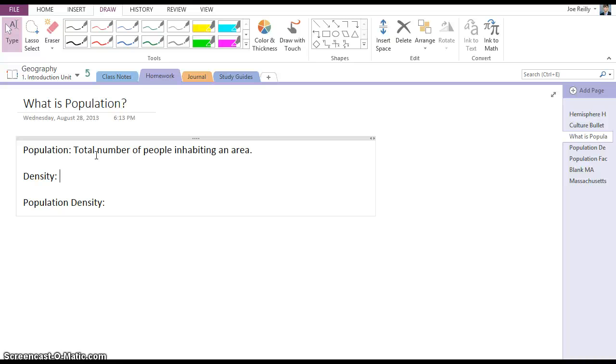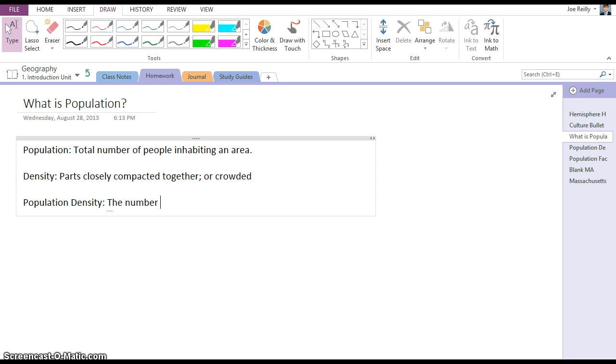Density. Not many of you probably know what density means. According to the dictionary, density means parts closely compacted together or crowded. So if we were to put these two together, we would get the definition of population density.